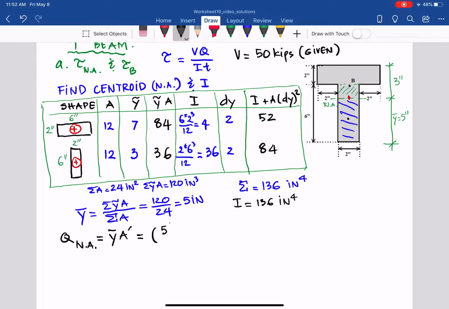So you have 5 over 2 times the area, 2 inches times 5 inches. What do we have here? It equals 2.5 times 2 times 5, so it's 25 inches cubed.